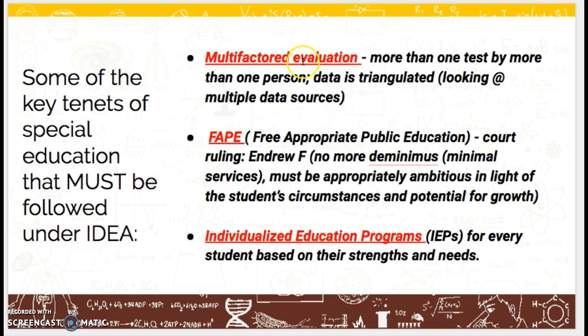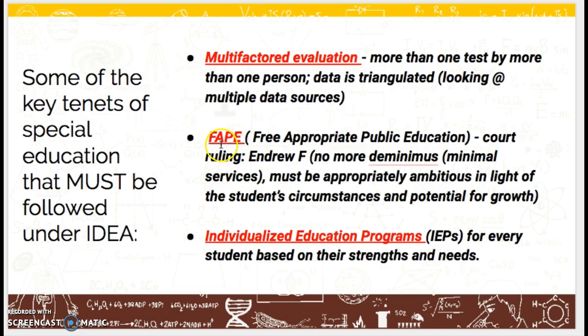A few more tenets. One is multi-factored evaluation, which means that every student that is being tested for special education must be tested by more than one person, and it must be more than one test. We look at the term triangulation, which means we're looking at multiple data sources to see if a student qualifies. So again, not just one test.